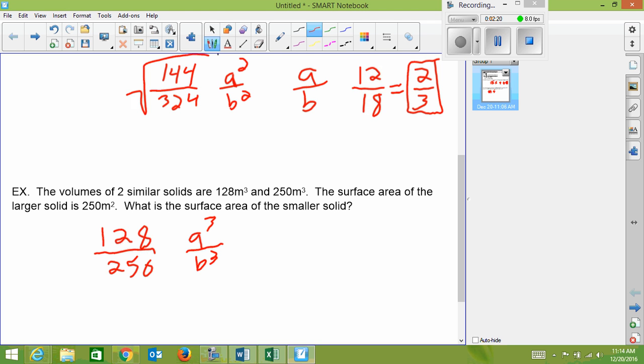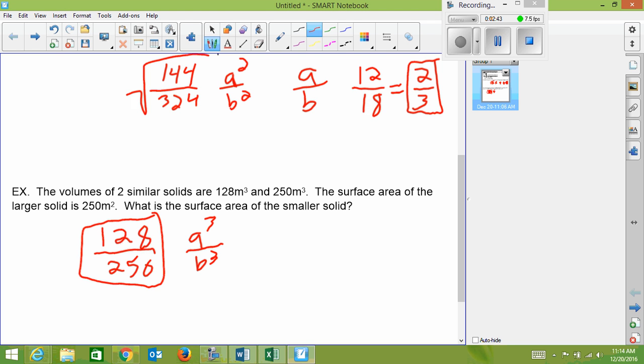That is not the scale factor. Realizing I'm going to have to take the cube root, and I want this to come out correctly, I first have to split this into numbers that I can actually cube.